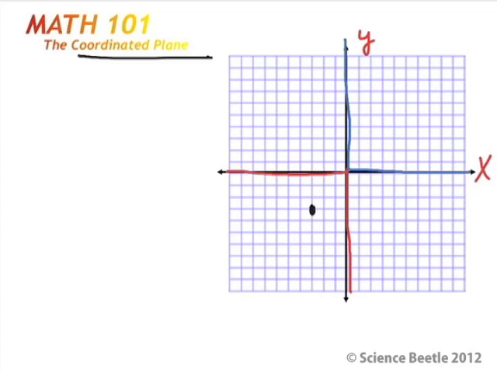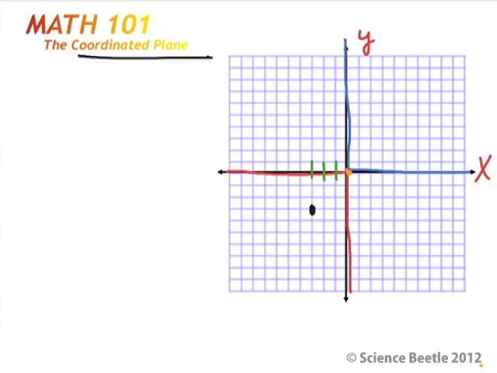So to find the xy pair for this particular point, all we've got to do is look at the x-axis first. Knowing that the x-axis starts at 0, we're going to start counting from there: -1, -2, -3.